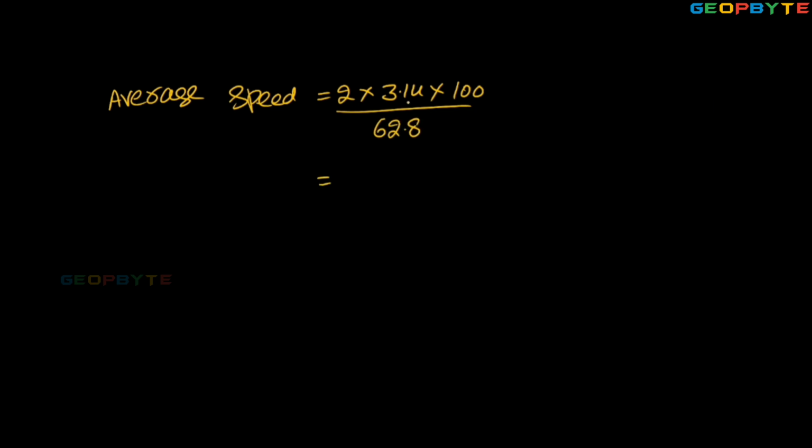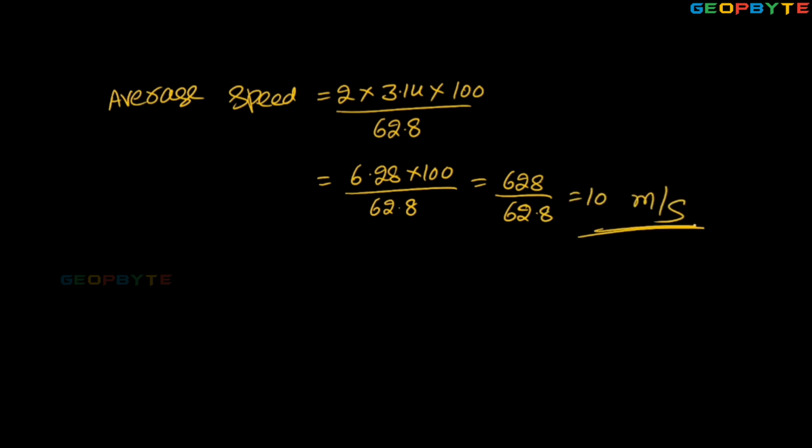Simplified: 2 into 3.14 equal to 6.28, into 100, is 628, divided by 62.8, is equal to 10 meters per second. That is the average speed. Now, what is the average velocity?